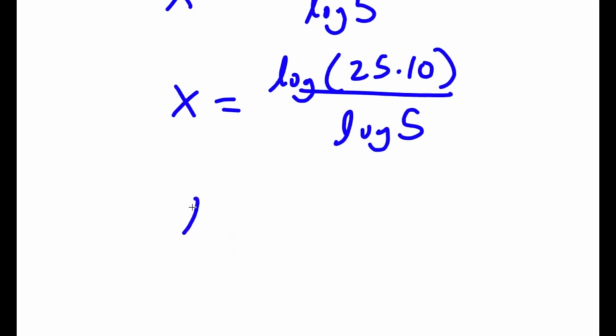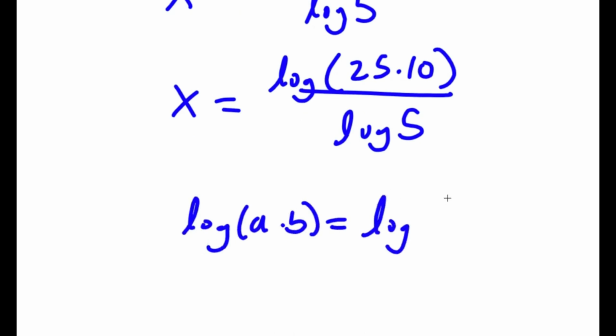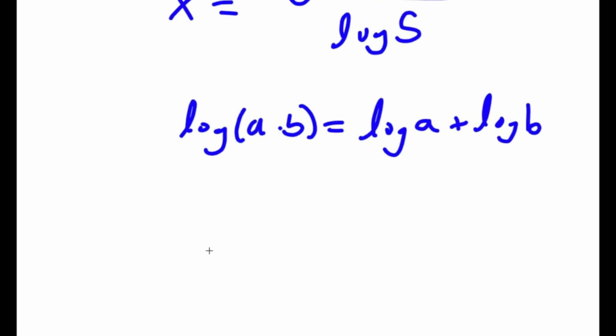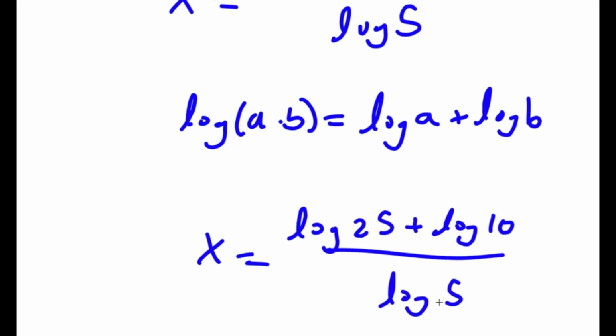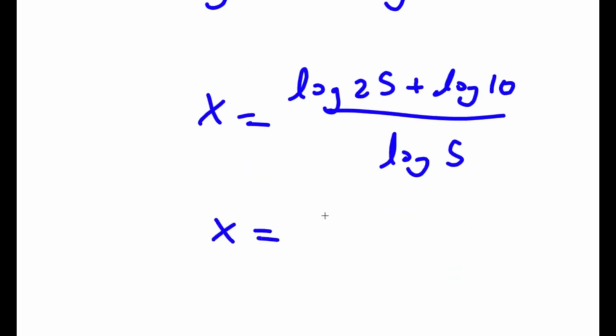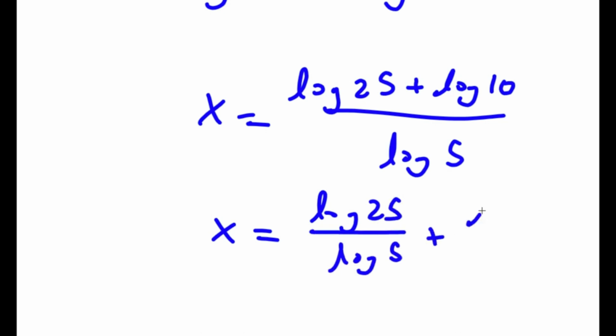And if I have something in the form log a times b, this is going to equal log a plus log b. So log 25 times 10, that's going to equal log 25 plus log 10 over log 5. And this is equal to log 25 over log 5 plus log 10 over log 5.